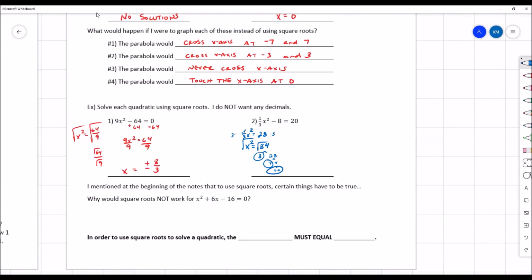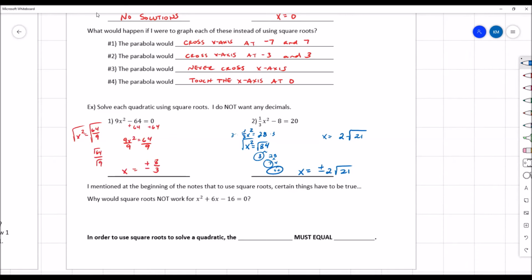So we have a pair of 2's, and a 7 and 3 without a pair. So the 2's go on the outside, 7 and 3 without a pair go on the inside, and multiply. Again, this is typically what happens. People simplify radicals and then they forget about everything else. But our answer is going to be x equals plus or minus 2 radical 21.